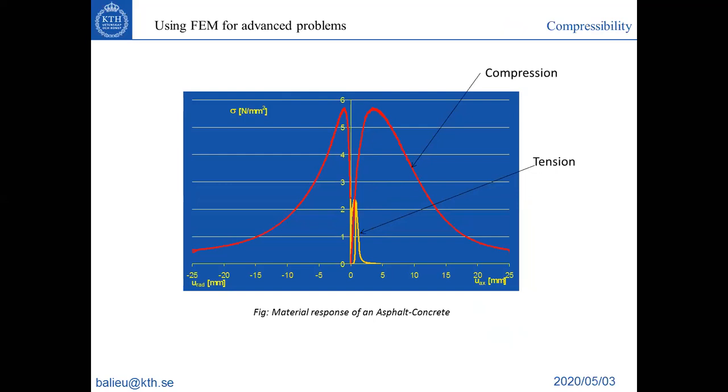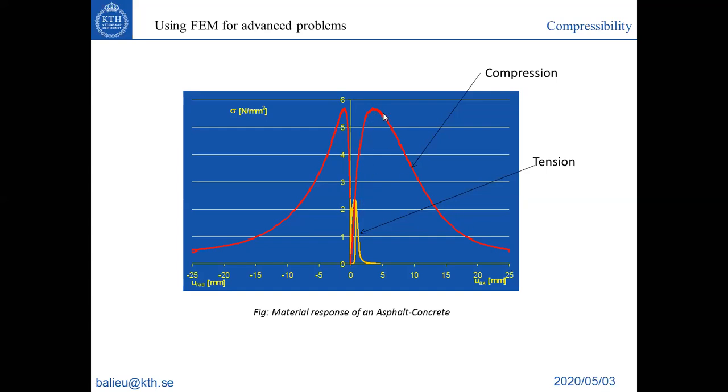if you perform this test in compression and determine, let's say, this peak stress in compression, and then use this material parameter, the peak stress, in your finite element simulation to model the compression behavior, you will be able to model this curve.